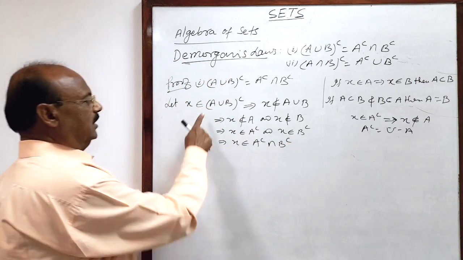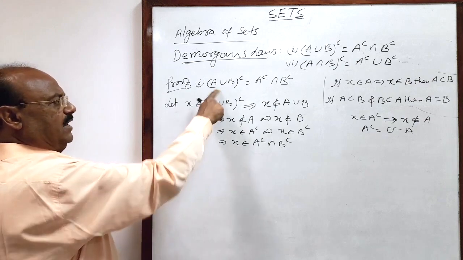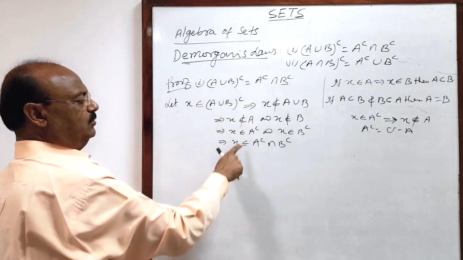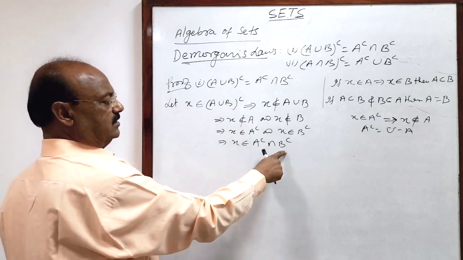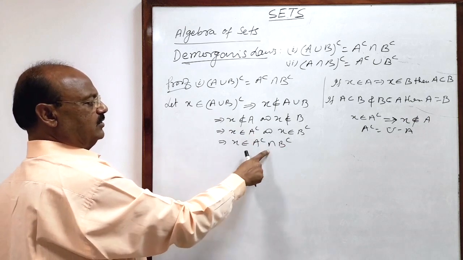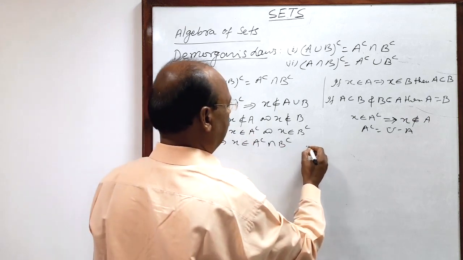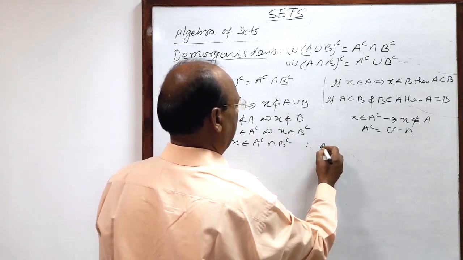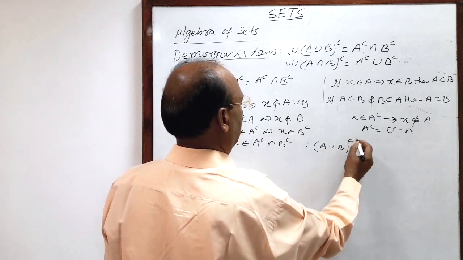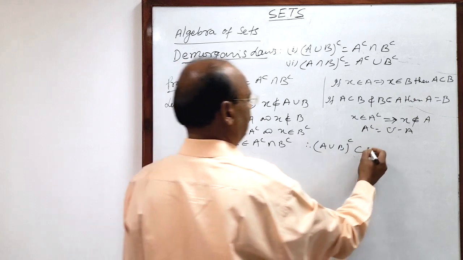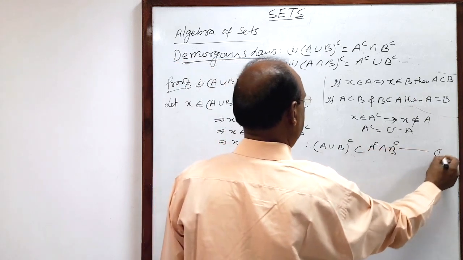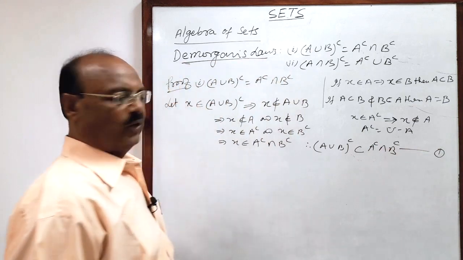Now you see, we started from the left hand side, X belonging to the left hand side, and we are coming to X belonging to the right hand side. What does it mean? It means that LHS is a subset of RHS. Therefore, (A union B) whole complement is a subset of A complement intersection B complement. Let us call it relation number 1.